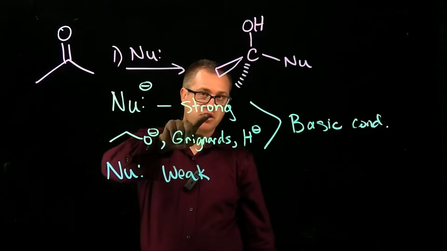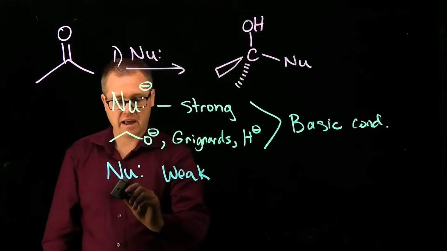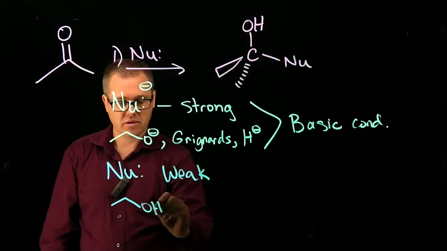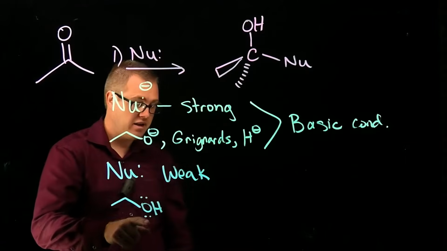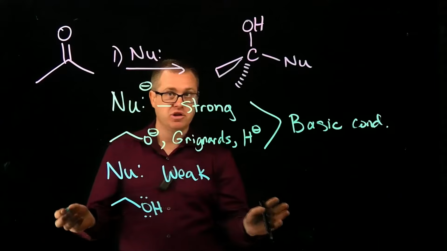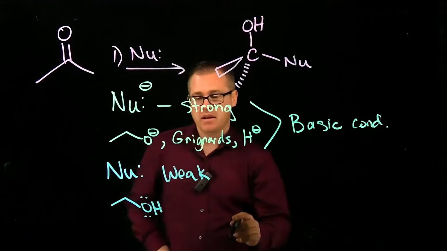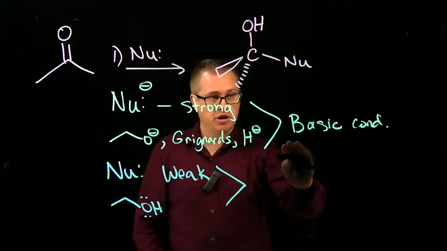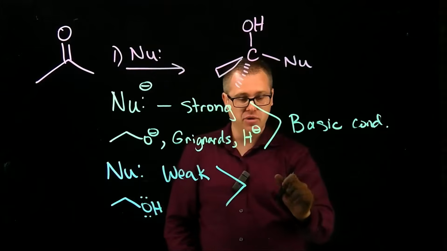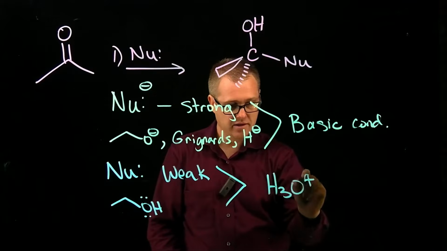Negative charge, strong; neutral, weak. So you could look at just an alcohol. It has lone pairs, so it's still nucleophilic, but its overall charge is neutral, so we consider it a weak nucleophile. And when you have weak nucleophiles, you don't use basic conditions, you need acidic conditions.